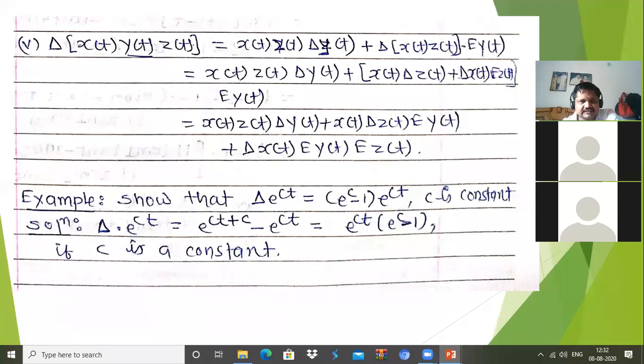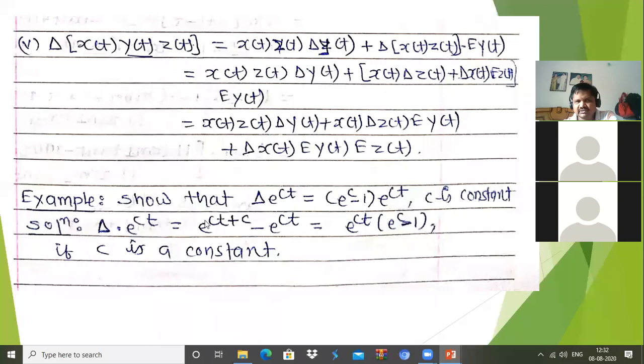Now the next example is: show that delta of e to the power ct is equal to e to the power c minus 1 into e to the power ct, where c is a constant. We prove it. Delta of e to the power ct equals e to the power ct plus c. Why? Because t is replaced by t plus 1.